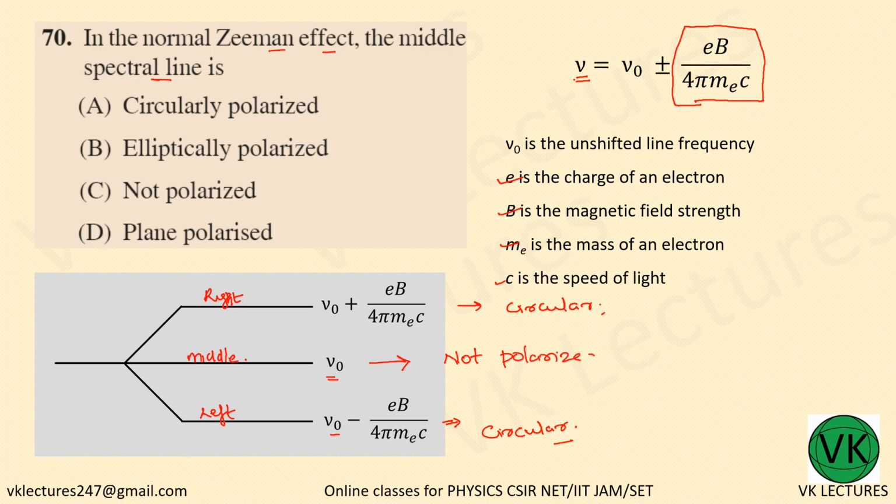These both, right and left, are circularly polarized, and the middle one is not polarized, so your option is option C.